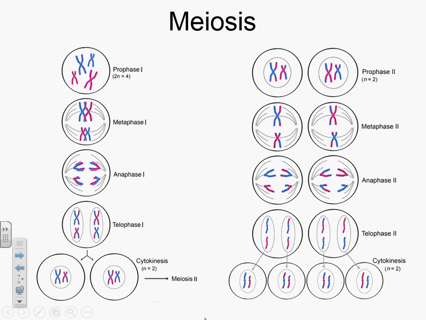But you can see down the left-hand side, we start with a big pair and a small pair, and we end up at the bottom with a big and a small in each of the two cells, but they have exchanged parts. So we've had some crossing over going on there. Then in meiosis 2, those separate out so that we end up with a single long and a single short in each of the cells at the bottom.